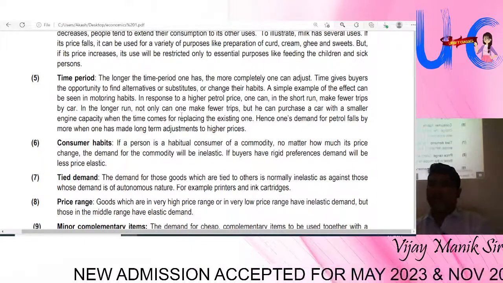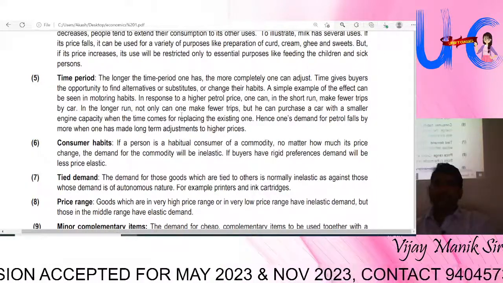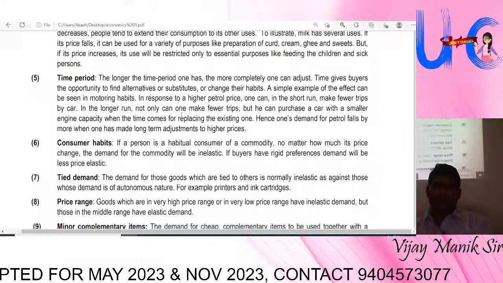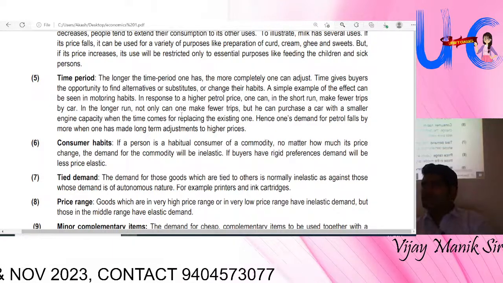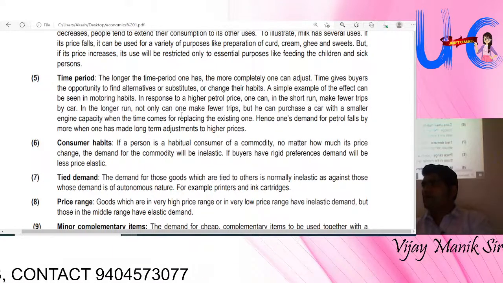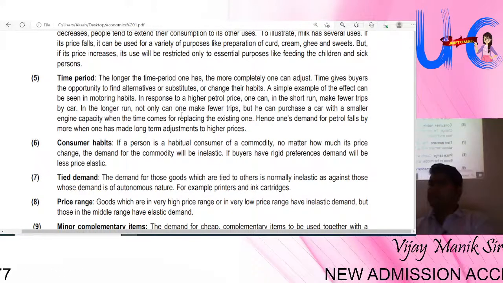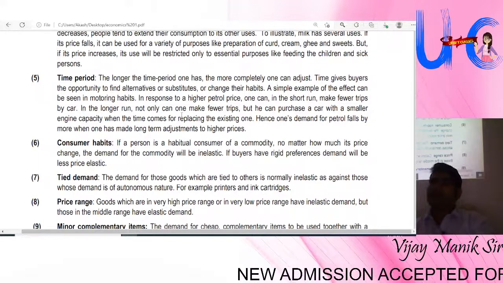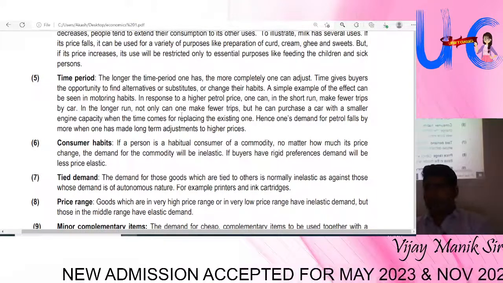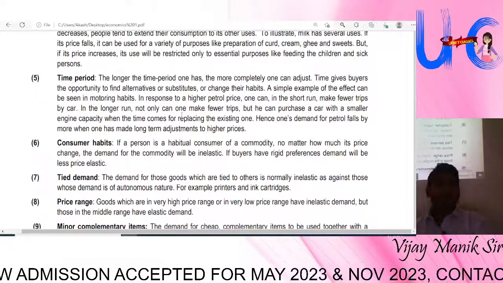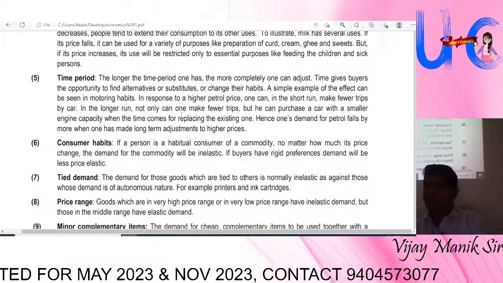Tight demand: what is tight demand? It means a particular commodity whose need cannot be changed. The brands or companies can be changed, but the uses, or the need, of that particular product cannot be changed.